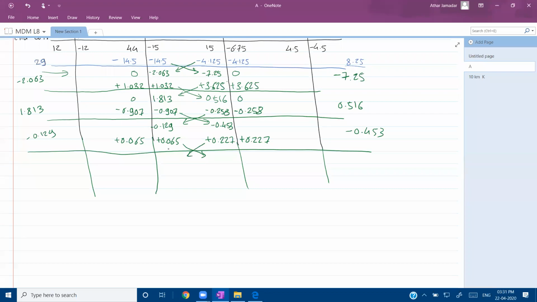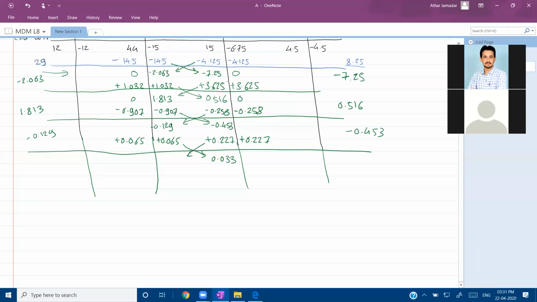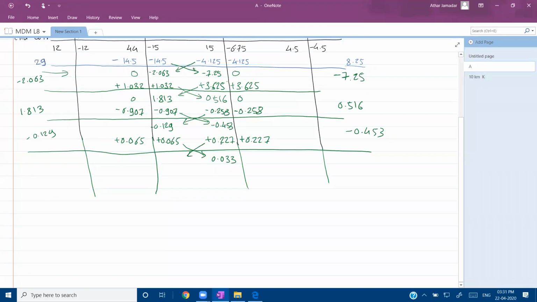Correction should be there. Soon you will see this 0.065 divided by 2, it is going to be 0.033, and this is 0.227 divided by 2, it is going to be 0.113. Here value will be 0, here also value 0. Here unbalanced moment of 0.113, here 0.033.